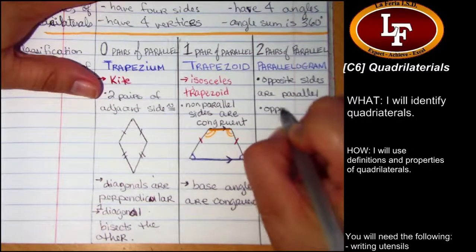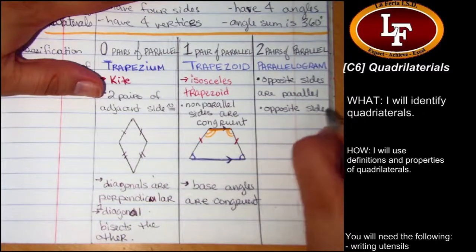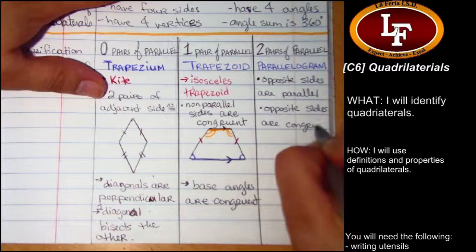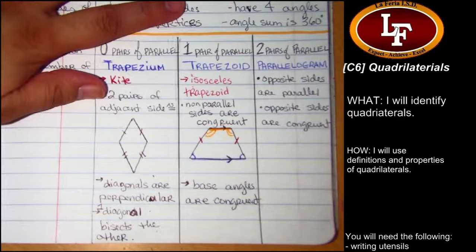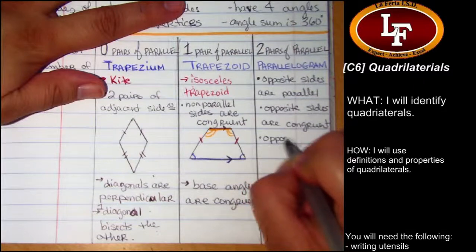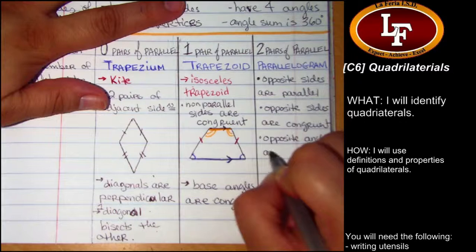Not only are the opposite sides parallel, but these opposite sides are also congruent. With opposite sides being congruent, opposite angles become congruent.